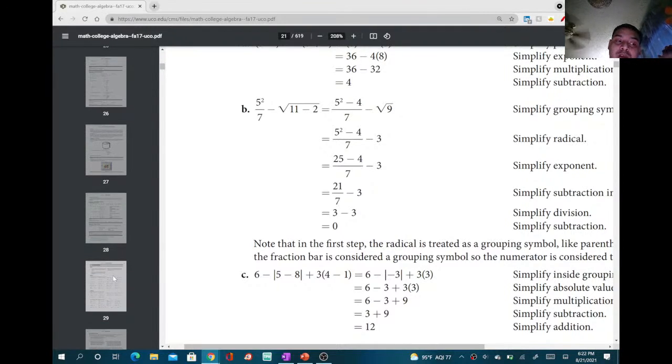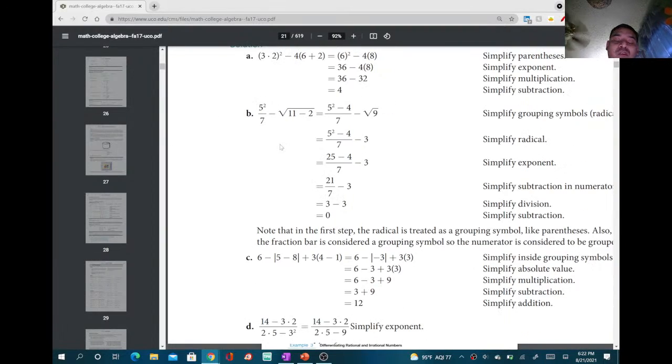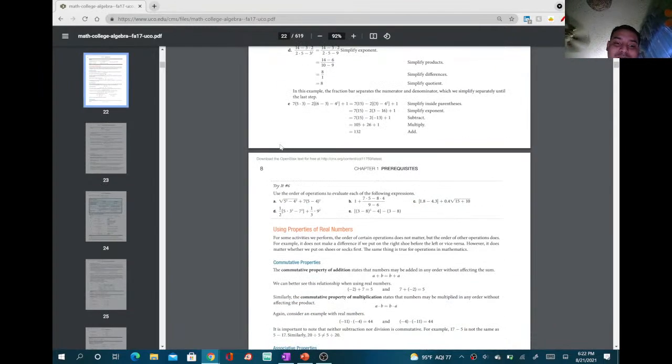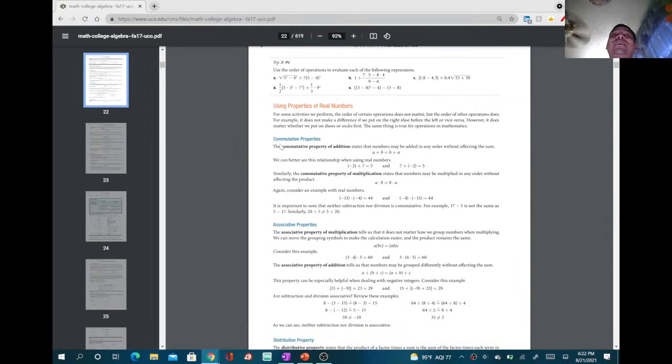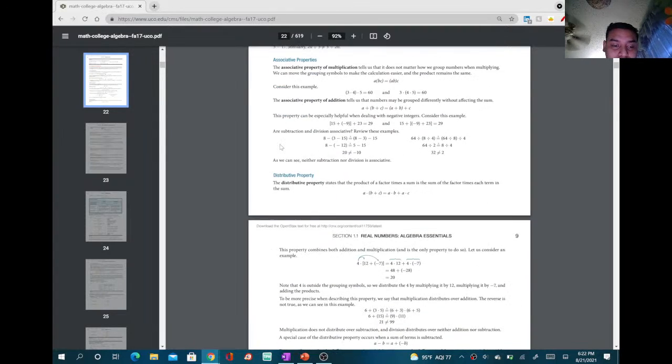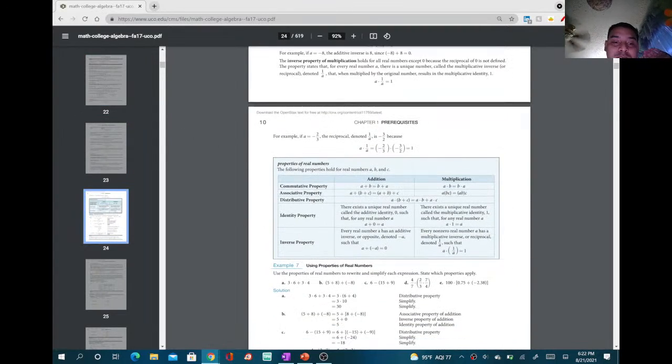The reason I'm not going over the whole chapter review yet is because I want to go over it by section. And like I said, I'll do as much of it as I can. So with that being said, let's get started.